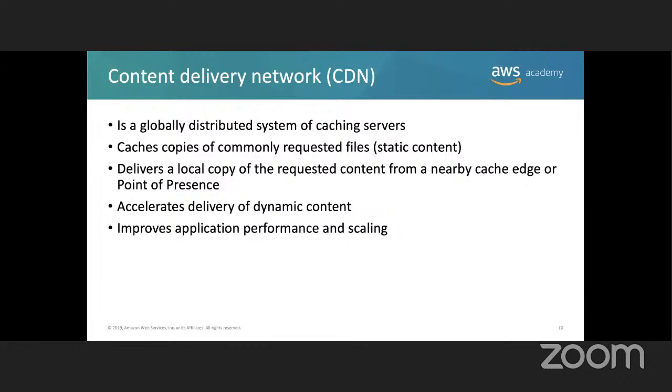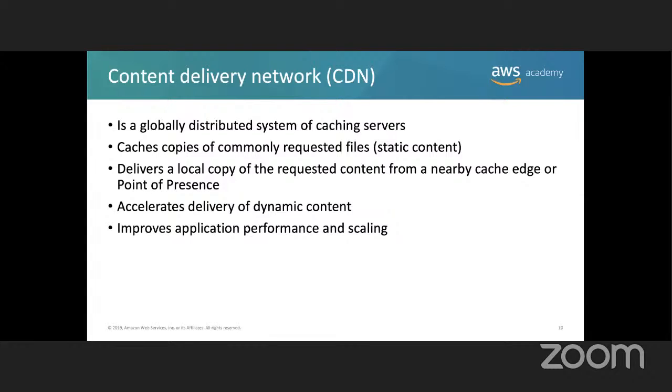If the information doesn't exist, what happens? CloudFront goes to the origin. The origin could be an EC2 instance, or an S3 bucket, or any type of server. It gets the information from the origin, brings it back, gives it to the customer, and caches the information in an edge location closest to the user.